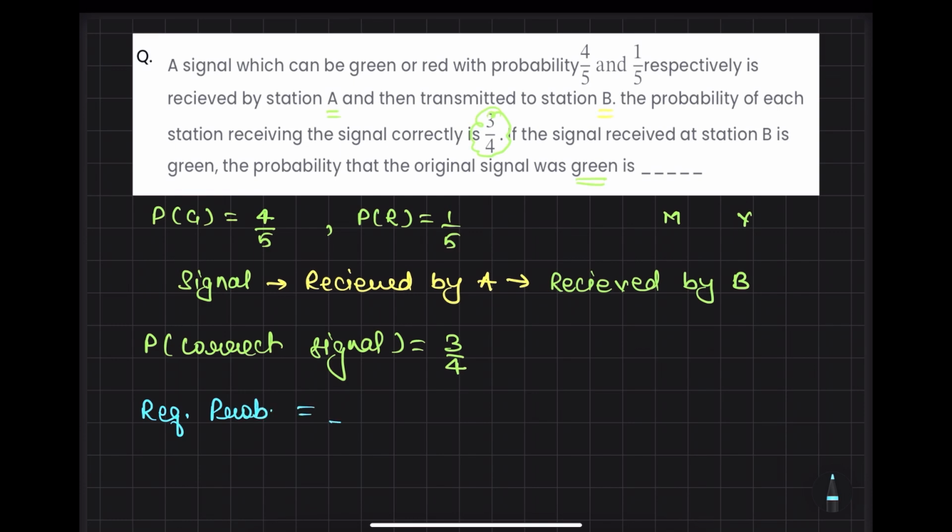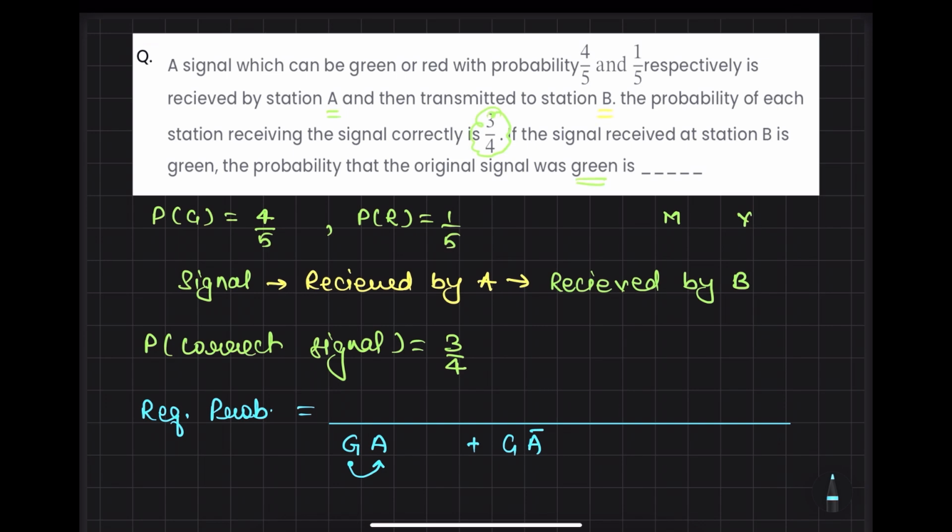Look at the case. At the end you have to receive green signal. So suppose that signal was green. Okay, so what will happen? Correct signal will be received by A or wrong signal will be received by A. So if it receives correct signal, means now A is also having green.